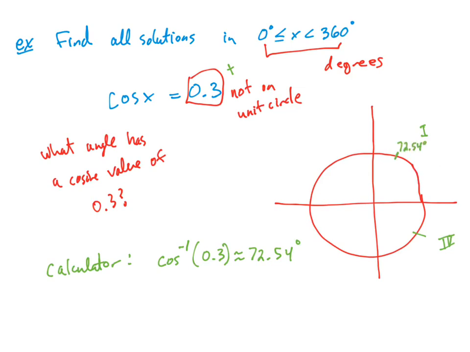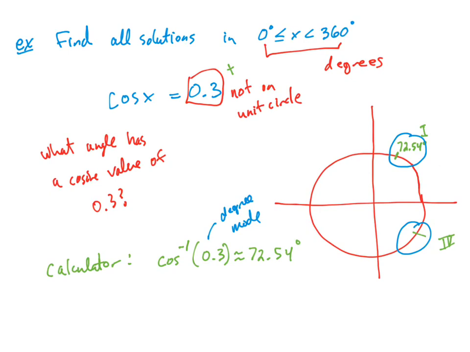Okay? And one thing to remember when we're using the calculator is that we are in degree mode. Okay? All right, so the calculator only gives us one of these values. It only gives us the value in quadrant 1. We need to figure out what the value in quadrant 4 is.